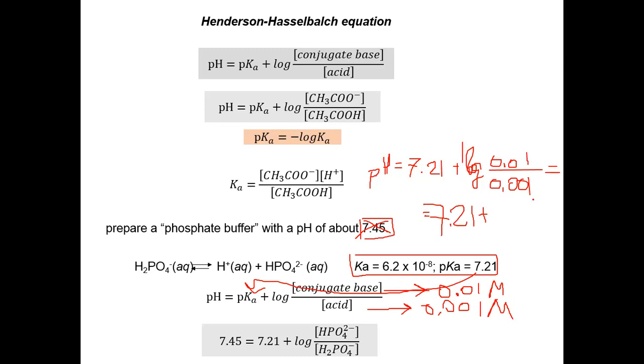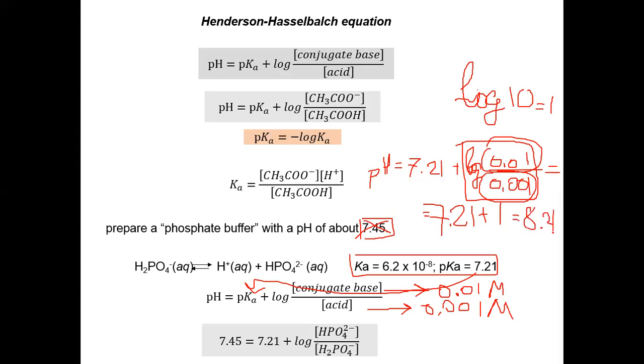What is 0.01 divided by 0.001? 10. So then we have log of 10. What's the number for this? 1. Yes, it's going to be 1. So it's plus 1, which means that the pH is going to be 8.21.